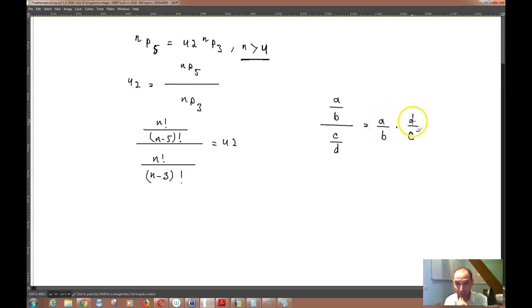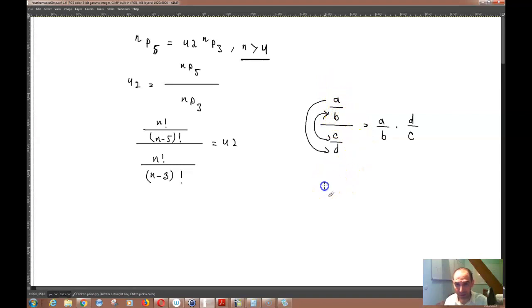You're multiplying a by d, and you're multiplying b by c, right? So of course you can simplify a and b, right?